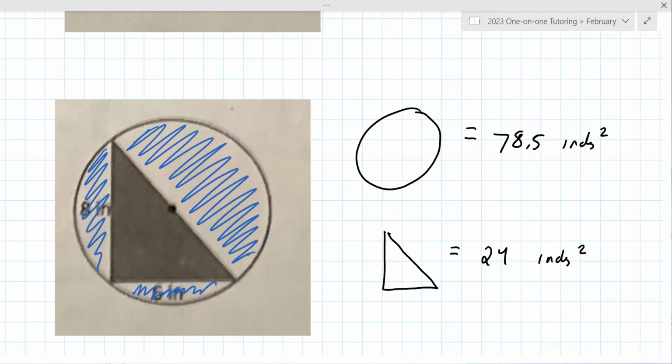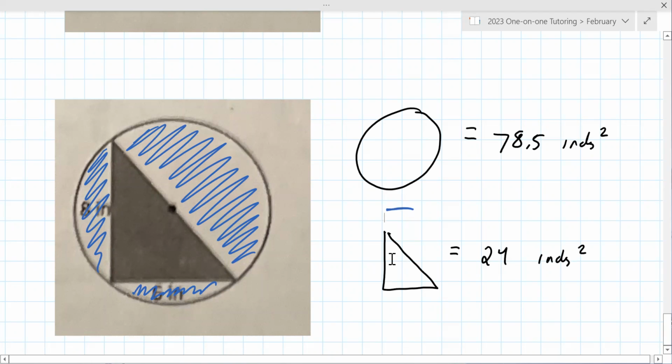Think of it this way. You have the whole area and you subtract the triangle to get the blue.